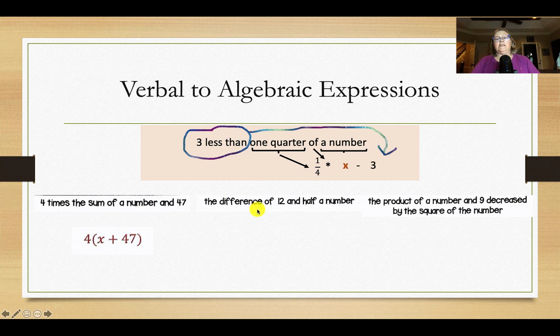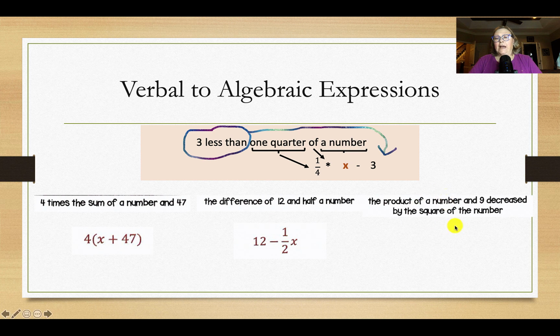Again, of is not by itself, so the difference of is going to be minus, 12 and half a number. There's an implicit of here. It doesn't say it, but this really means half of a number. Like we did up here, that's going to be 1/2 times x. So the difference of 12 and 1/2 times x is going to be 12 minus 1/2 x.